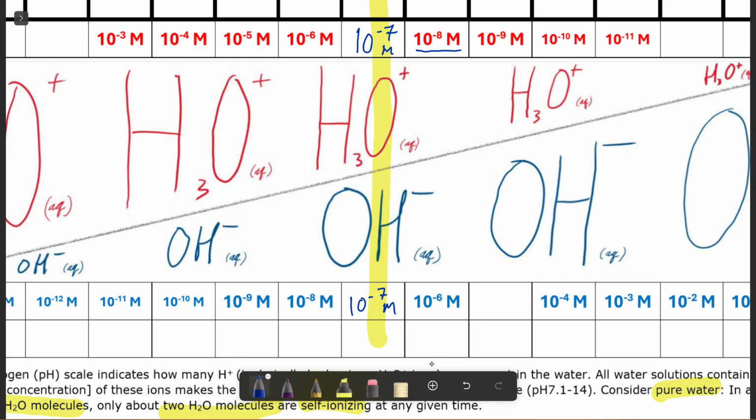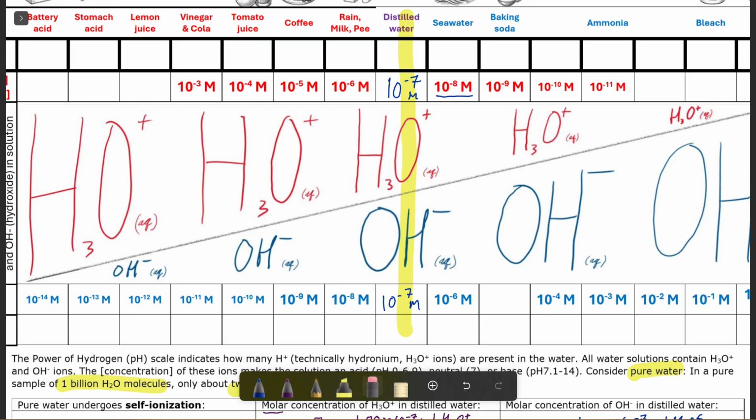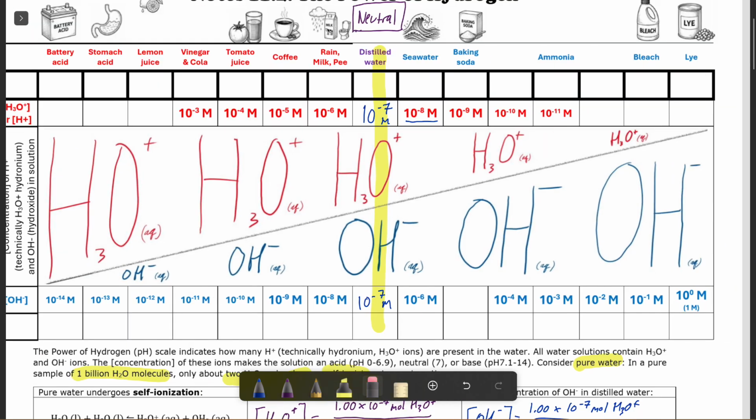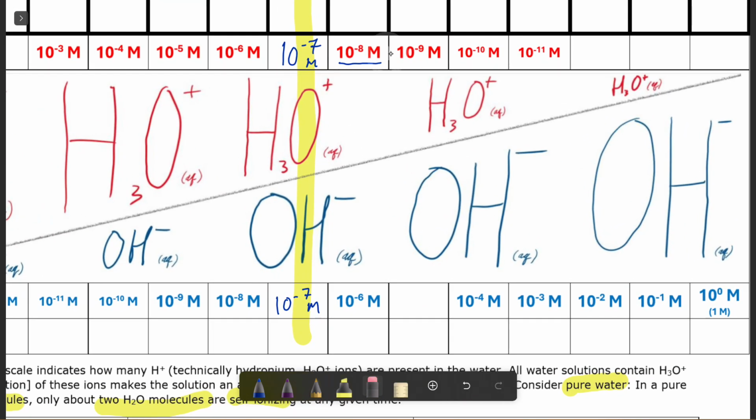Okay, because 10 to the -6 is 0.000001, whereas this one's going to be 0.00000001.